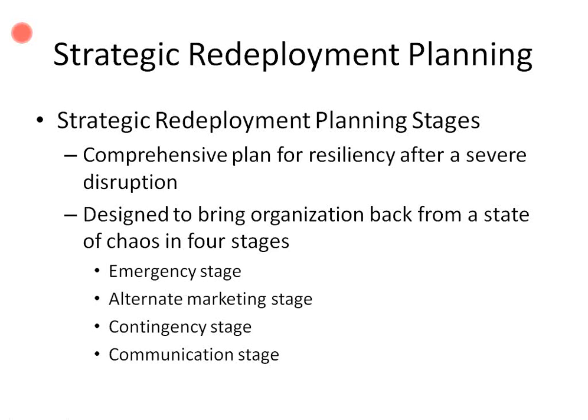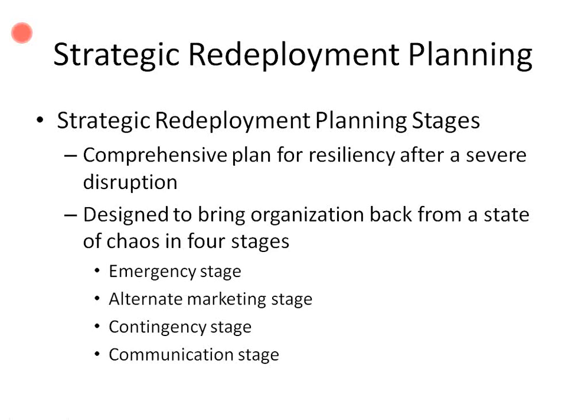So, some of the different stages for a comprehensive plan for resiliency after severe disruption. Then we want to get it back into the process. They're designed to bring an organization back from a state of chaos in 4 stages. We'll talk more about specifically the emergency stage, alternate marketing stage, contingency stage, and the communication stage.